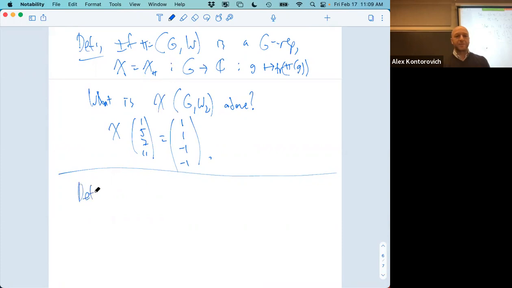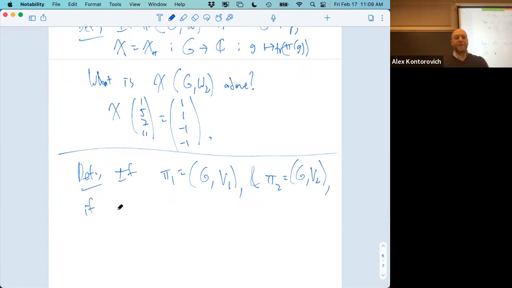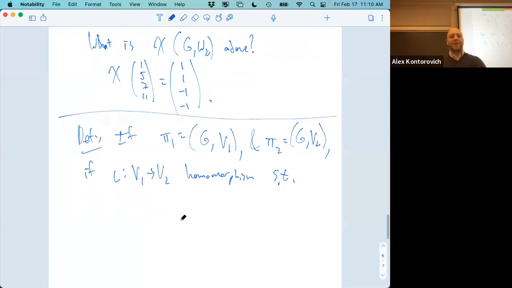So, definition: if I have two representations, pi 1, which is G acting on a vector space V1, and pi 2, which is G acting on a space V2, and a map iota from V1 to V2 which is a homomorphism, before we speak of isomorphisms, such that, what do I want? Well, I want a commuting diagram somewhere.